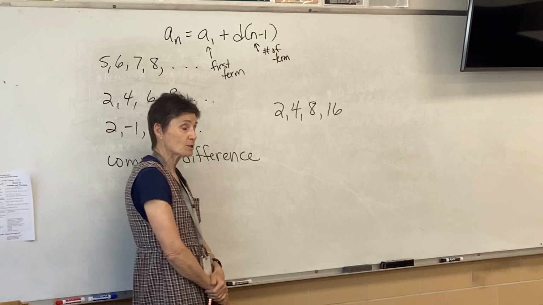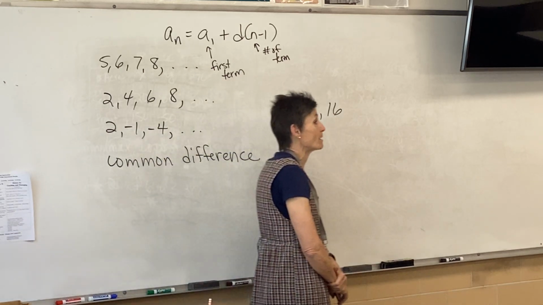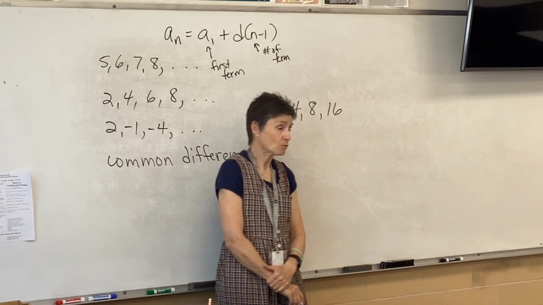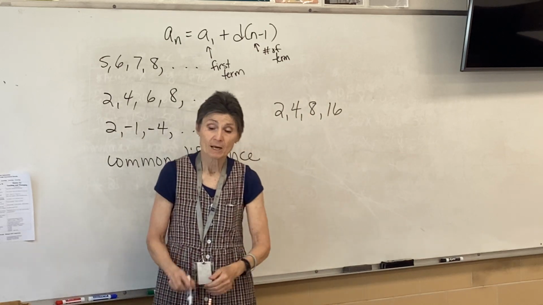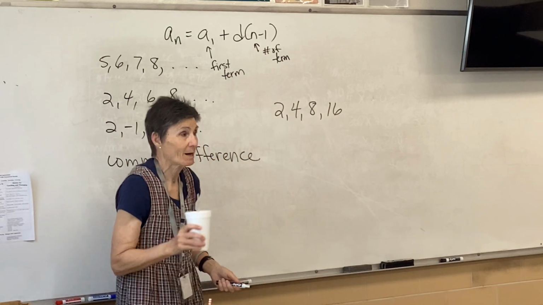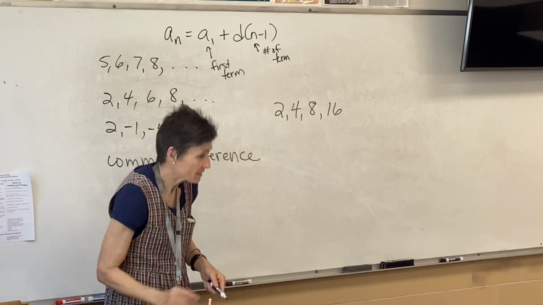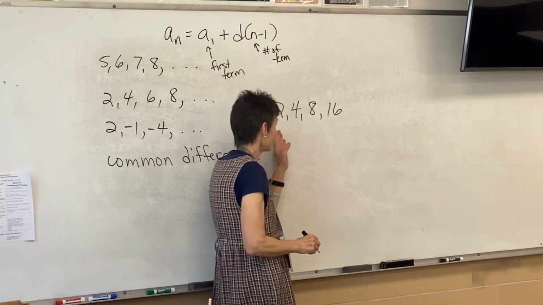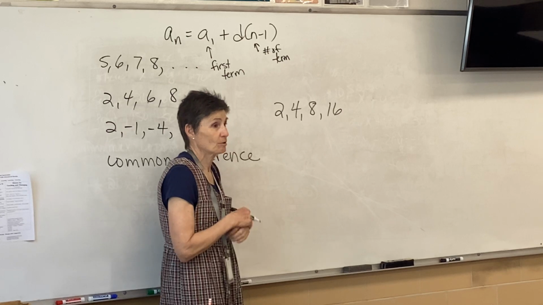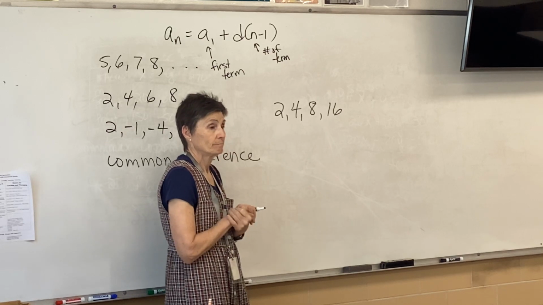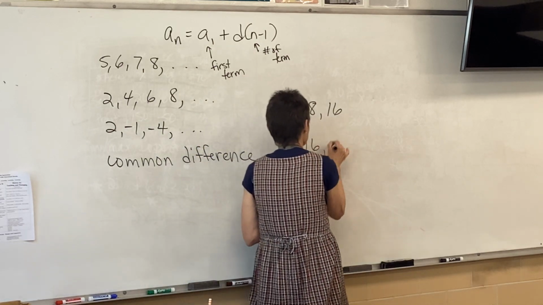When you get from term to term by multiplying by the same number, your sequence is geometric. So a geometric sequence is like this one. We get from term to term by multiplying by the same number. So can you give me another example of one where I'm multiplying by something other than 2? 4, 16, 64.